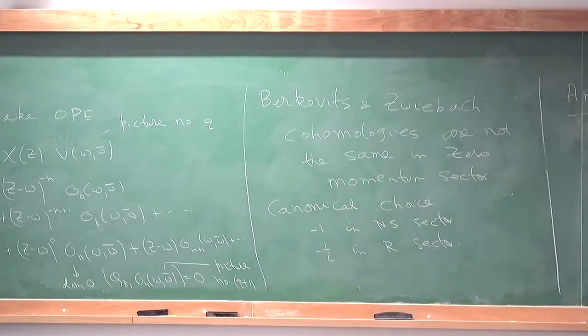But suppose there are m NS sector and n R sector states. Then the total picture number that it will carry is -m - n/2. n is also, of course, always even.